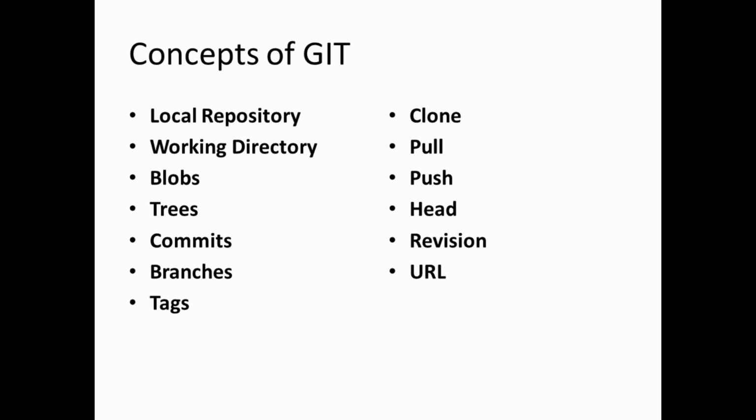Other than characters and integers, blob is the object type of data which is stored in a database. So Git uses a database to store your code, and the type is blob.